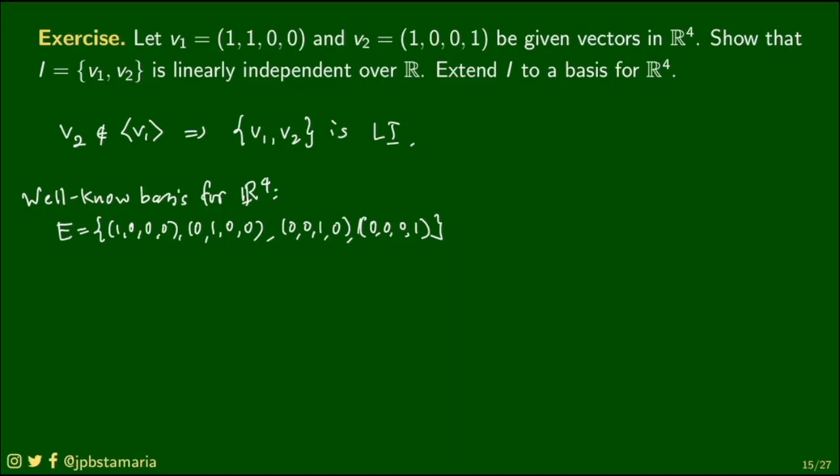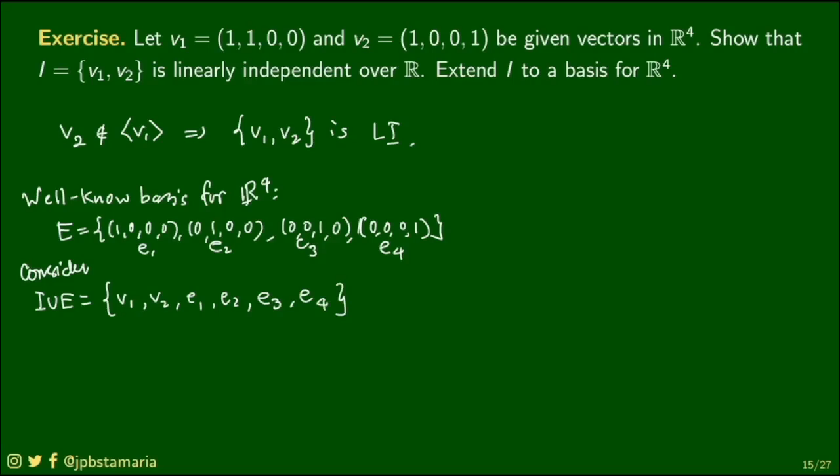What we do is we take the union of I with E, just like before. Let me call these E1, E2, E3, E4. So I union E will be V1, V2, E1, E2, E3, and E4.